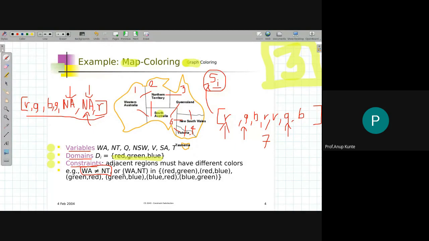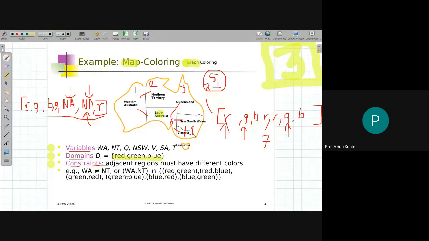Or we should say that (WA, NT) is in a set of allowed pairs. This is another way of defining the same constraint. So there are 2 ways, and I should give you that insight as well. One way: WA and NT should have different colors, so WA's value should not be equal to NT's value.